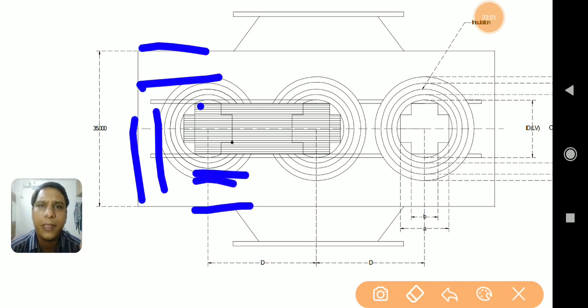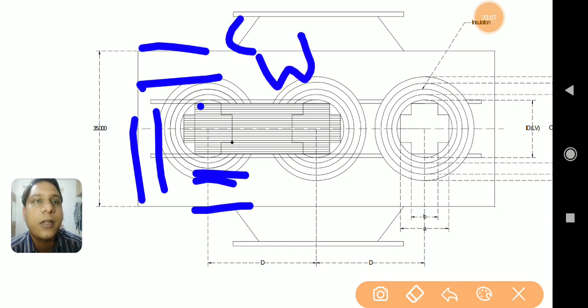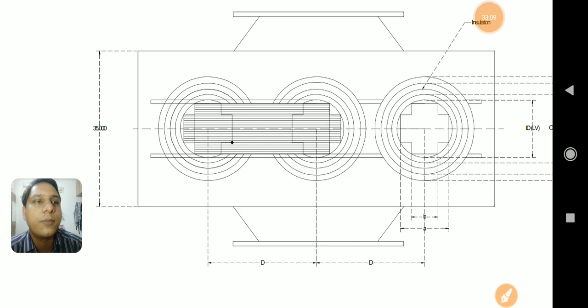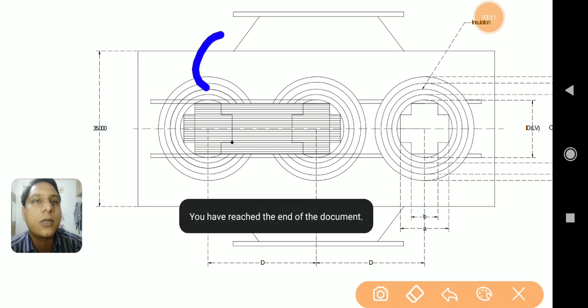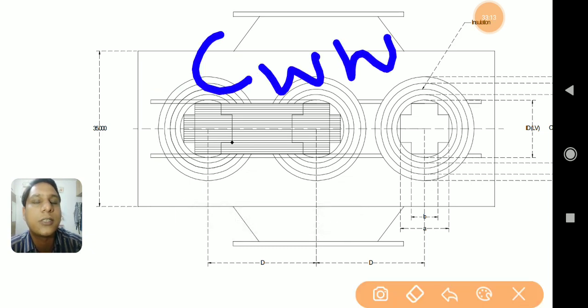Right? You may be aware of the terms you have come across. The width-wise clearance, CWW. CWW is considered as the width-wise clearance. Likewise, you have come across such terms, and this diagram is well known to all of us.